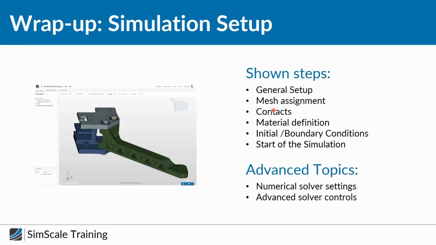We will start to set up the simulation. So we will do the general setup and define which kind of physics we want to investigate. Then we will assign a mesh to the simulation, define contacts. Contacts describe the interaction between the different solids. Then we will define the material of the different solid parts, define initial and boundary conditions, and start the simulation.